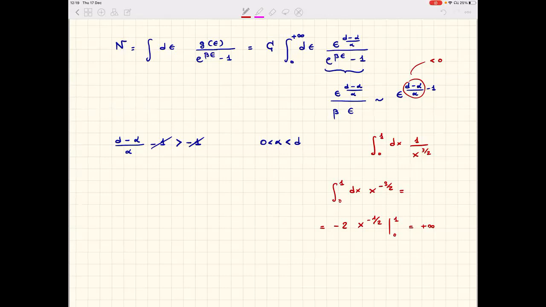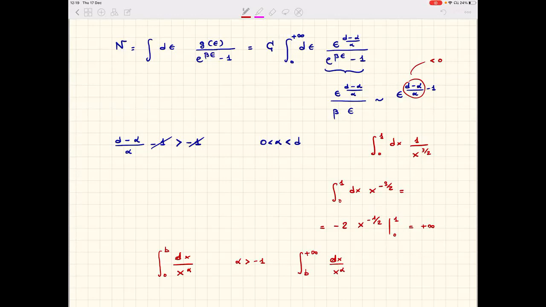You don't get confused. If you have a function, a power law like this one, so this integral is convergent for alpha greater than -1. And it's actually the opposite in the ultraviolet.